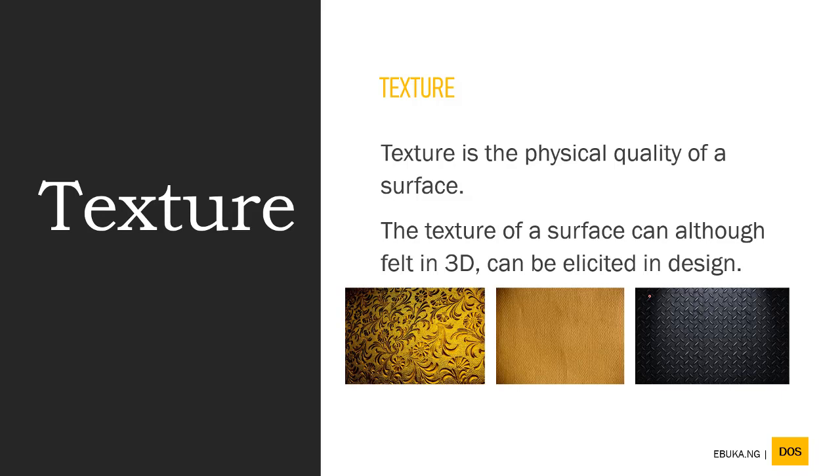For you to really feel texture, you have to touch that thing, and you can't touch design. So what we do is we elicit it, right? We elicit the texture. You can see this sort of looks like metallic texture. This looks like sand or grainy texture, right? This looks like some embroidery texture, right? So you see, all of these can be elicited in design. Good. So texture is very important.